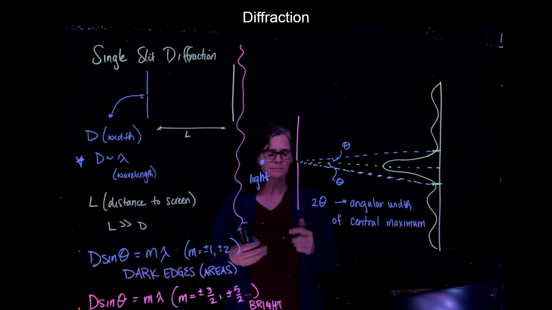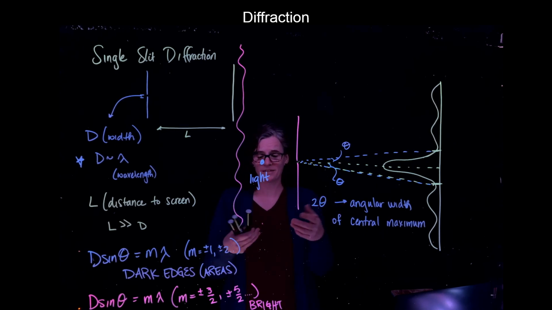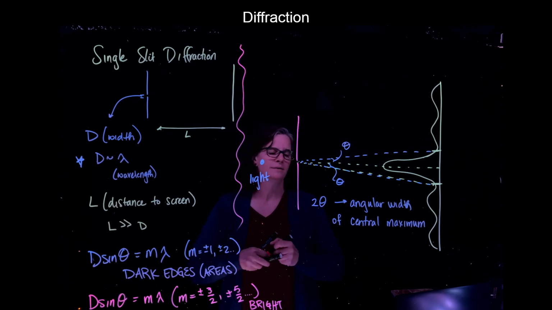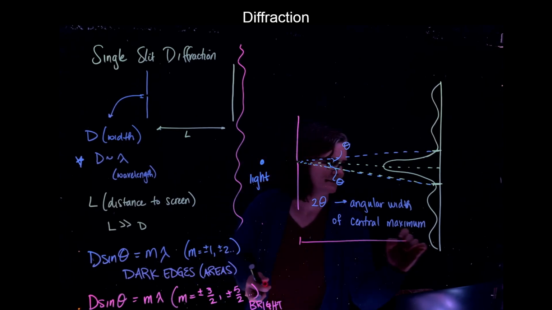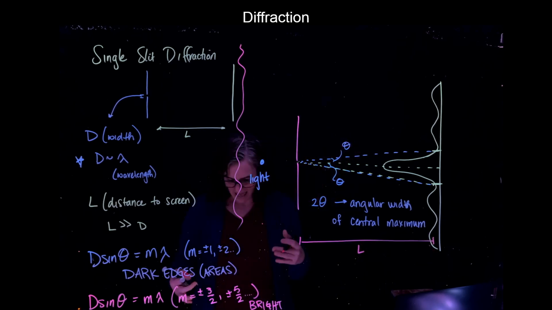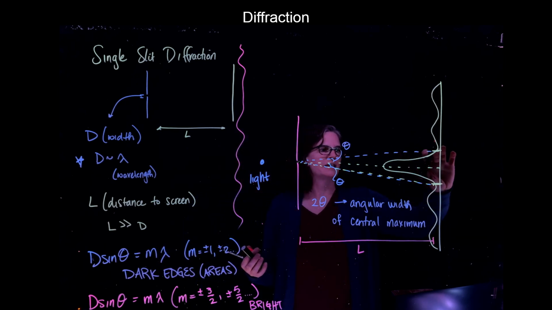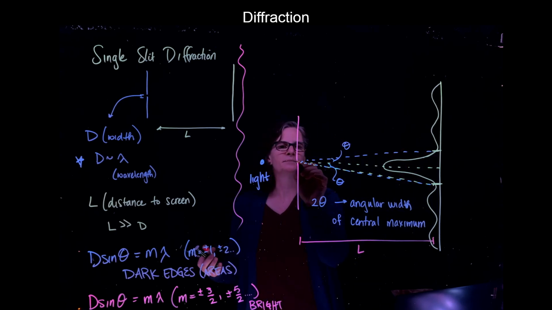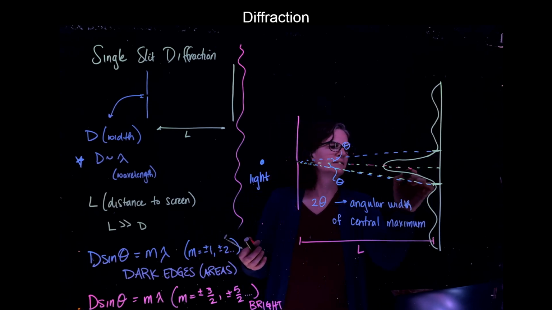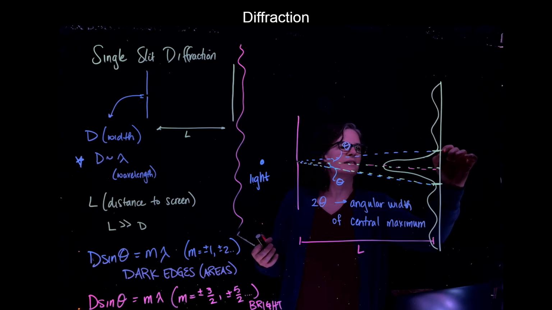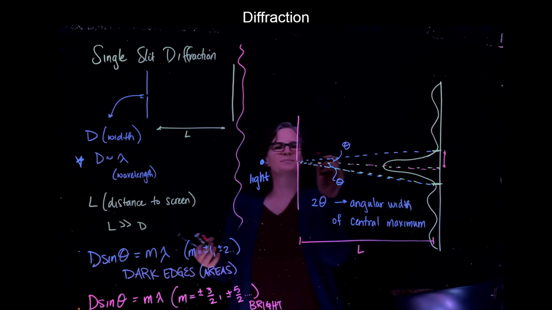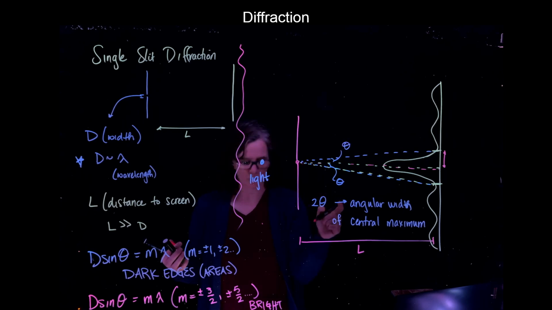All right. We can get the actual width, of course, if we know the length. So if I know the length L, I can simply get this width from the geometry. This is the width I'm interested in, and this is the slit width.